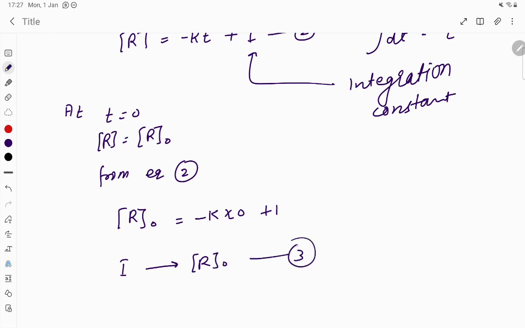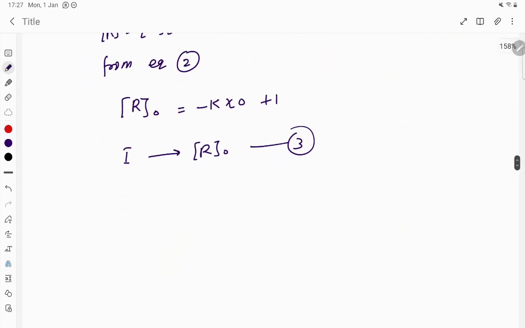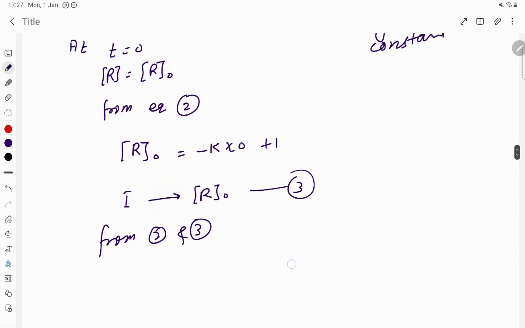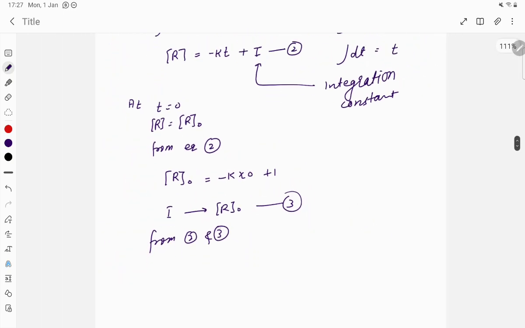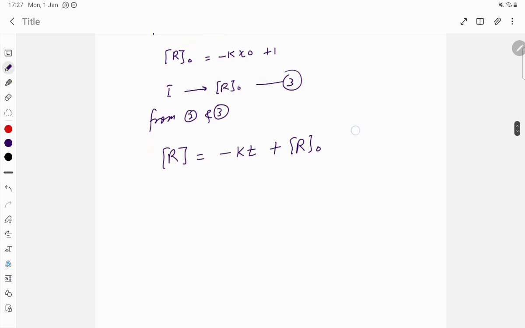This is equation 3. From 2 and 3, putting the value of I into R equals minus kt plus I gives R equals minus kt plus R naught.